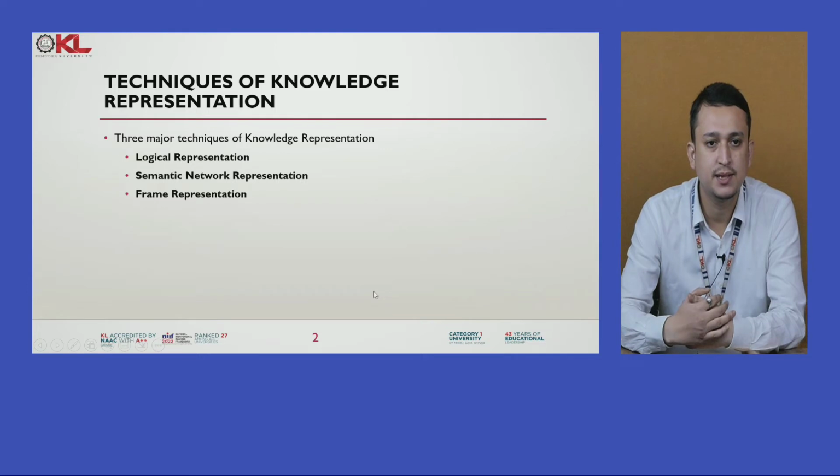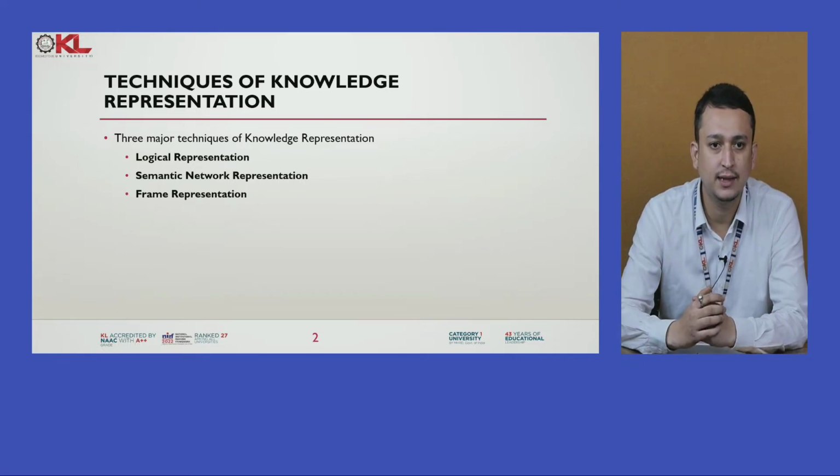Basically, knowledge representation is used for converting real facts into some standard representation, so that we can convert the real facts into a mathematical expression or some logical representation, so that we can understand and find some relationship among the facts and conclude with some particular statement.